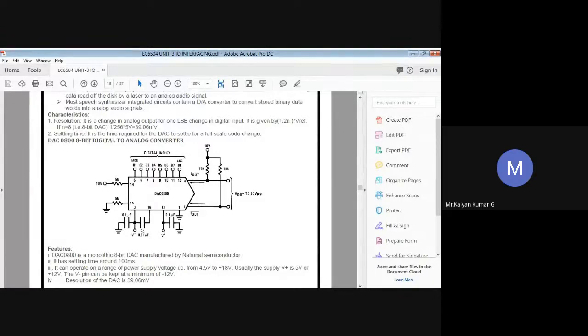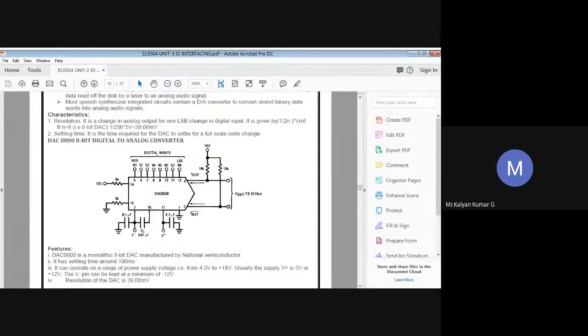And last we have V reference plus and V reference minus, the positive and negative reference voltage. Pin D0 is the LSD, least significant digit, and pin D7 is the MSD, most significant digit.